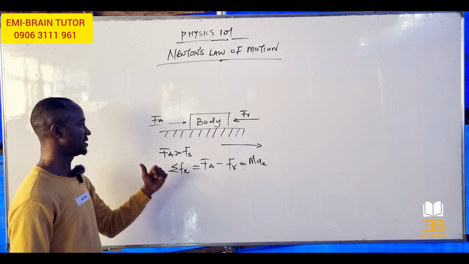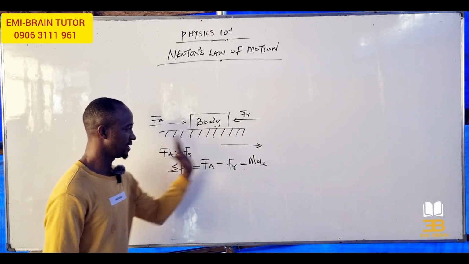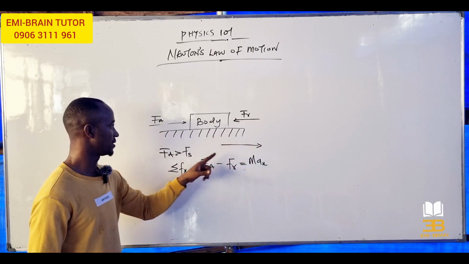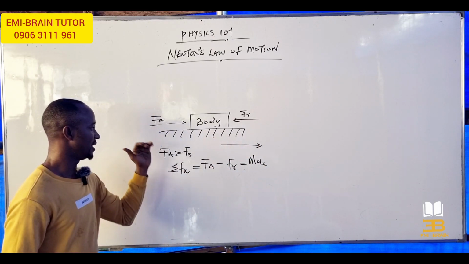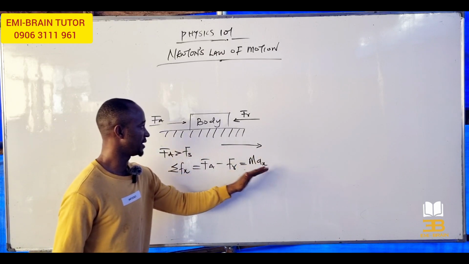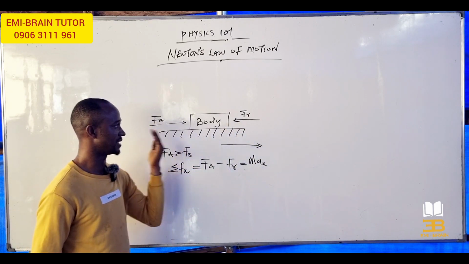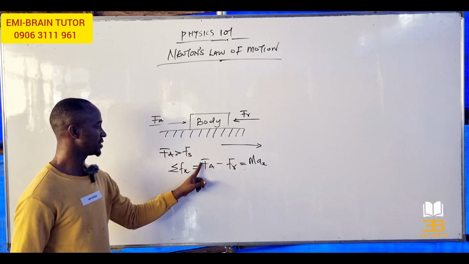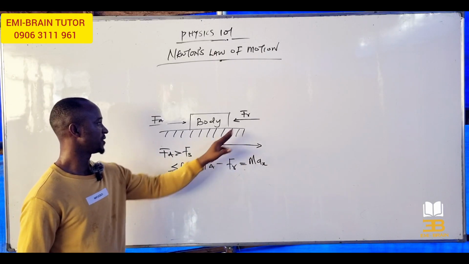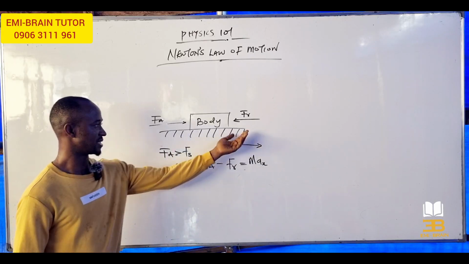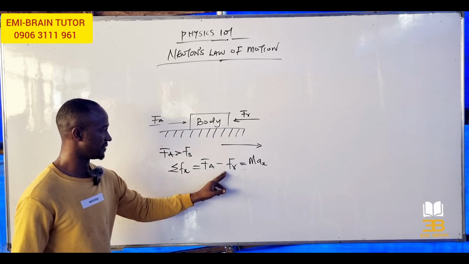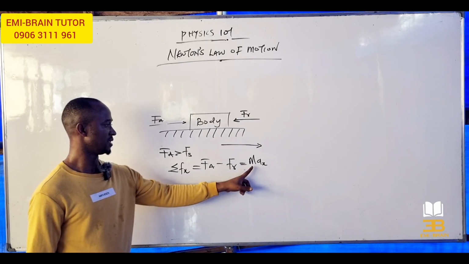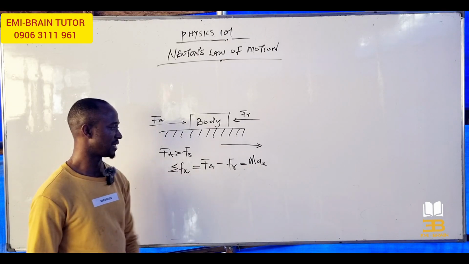The applied force is acting in the direction of motion, or in the direction of acceleration of the body, while the frictional force is acting against it. So the applied force becomes positive Fa, and the frictional force, acting against acceleration, becomes minus Fr. The sum of all these forces, which is called the resultant force, is equal to mass times acceleration along the horizontal axis.